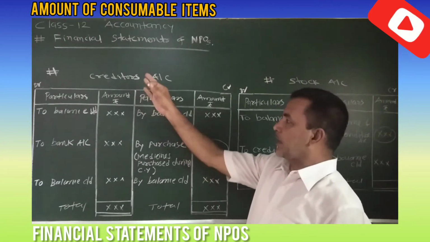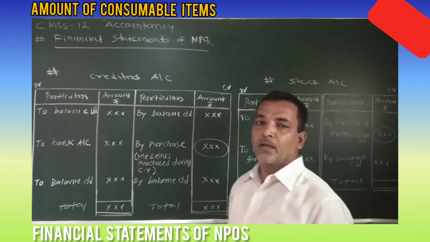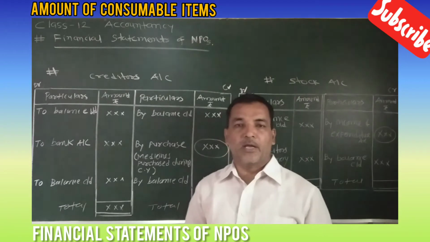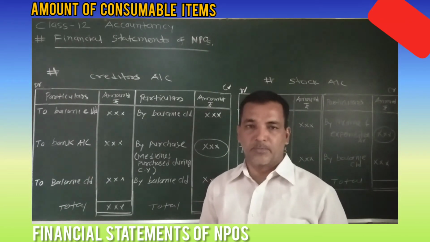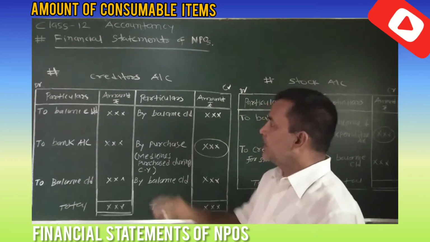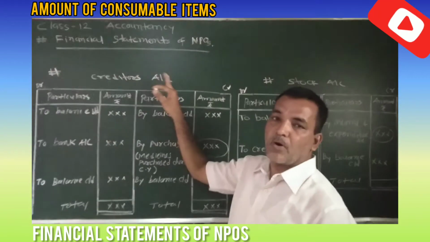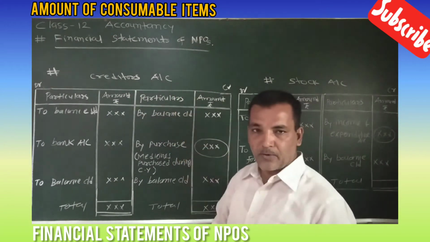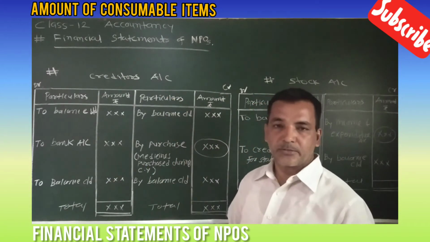Here you can see creditors account is prepared. This may be for medicine or it may be for any consumable item like sports material. So say for example, it is creditors for sports material account or creditors for stationery account. So in this way, creditors account is prepared.